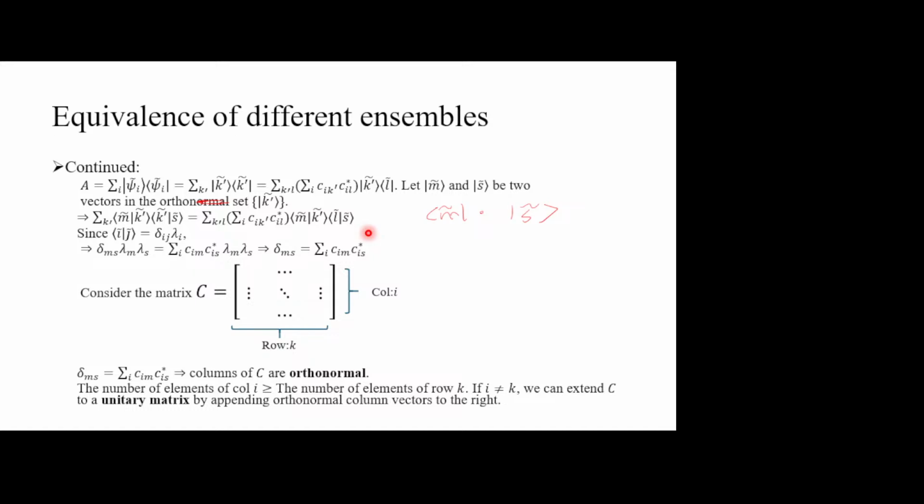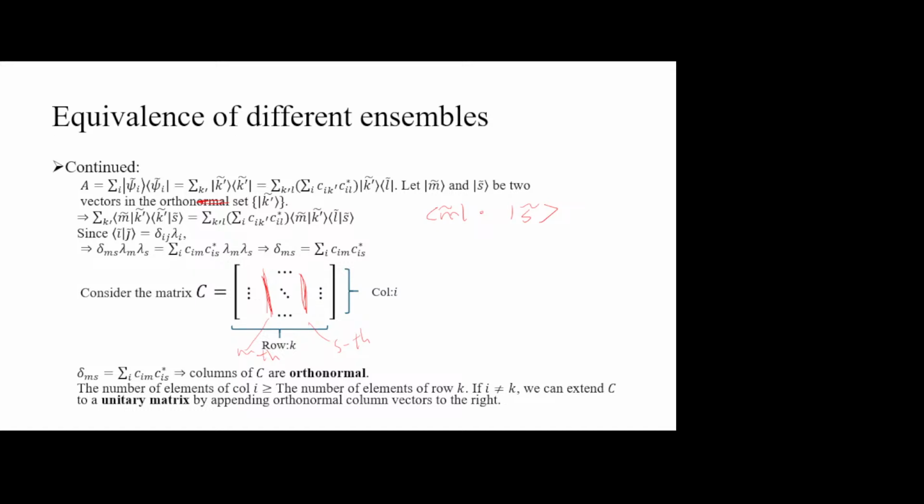And that means that if you write this matrix C out, then you see that this c_in star and c_is is similar to the relation we had before. This means that whenever you pick the nth column and the sth column of C, then you see that they are also normal to each other.